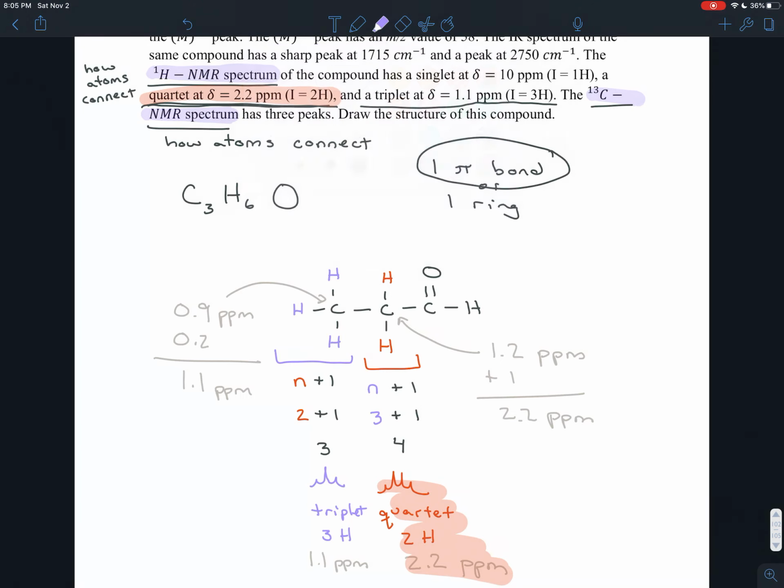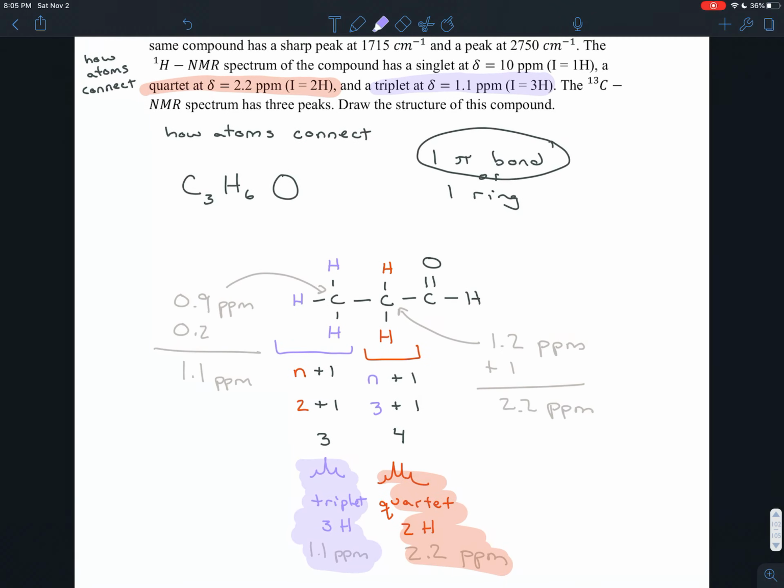We have a triplet at 1.1 with an integration of 3. So you can use that other information to confirm your structure.